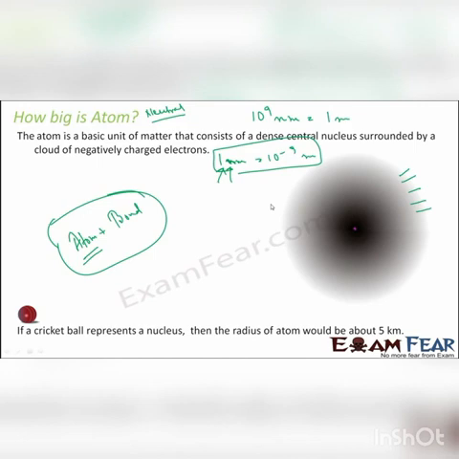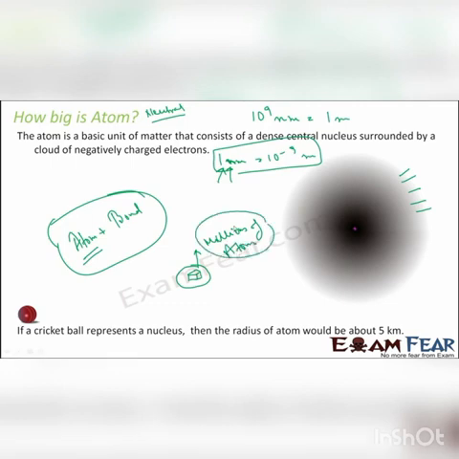Just understand, atoms are very, very small in size. So small that they are measured in the nanometer range. They cannot be seen with the naked eye. If you take 1 grain of salt, 1 grain of salt crystal will have millions of atoms.